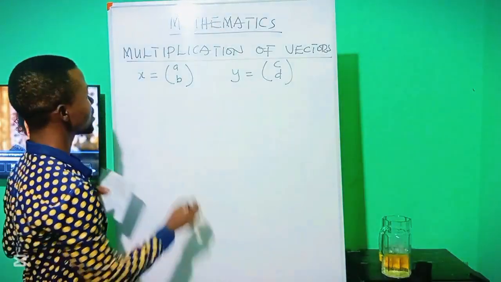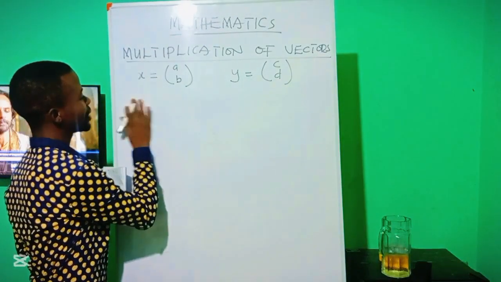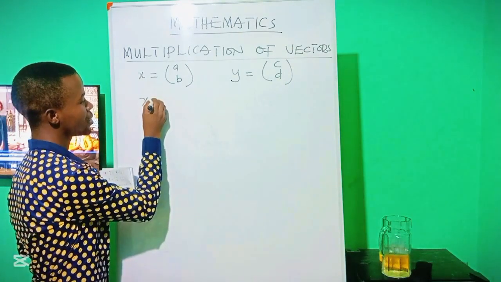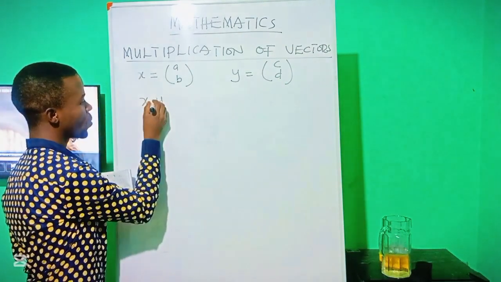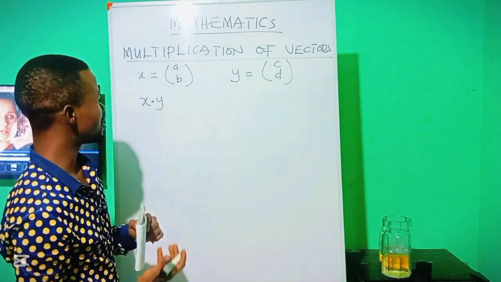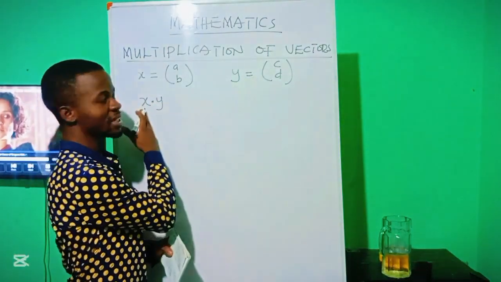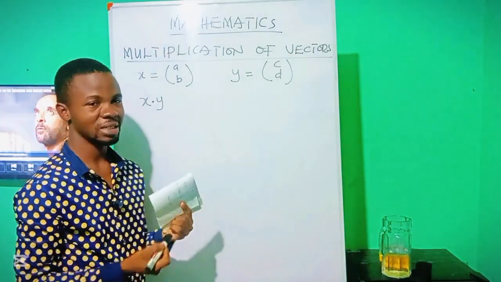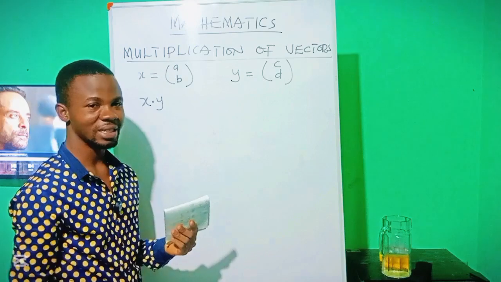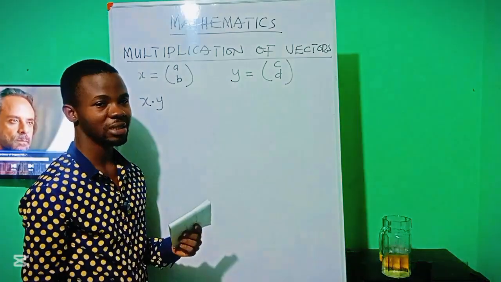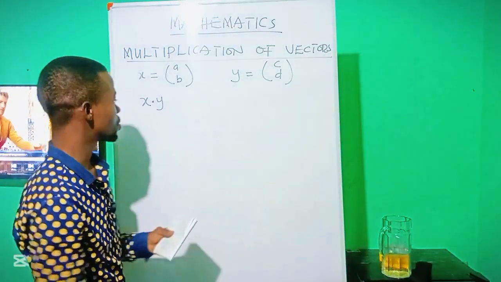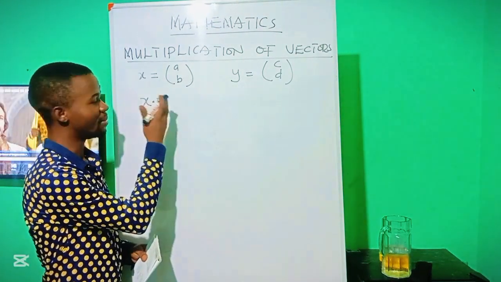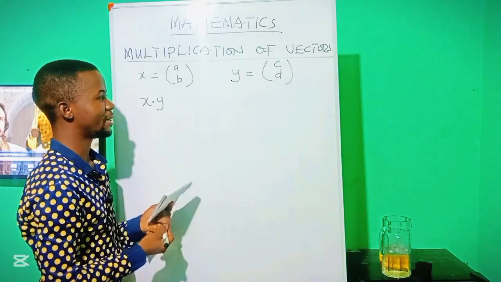We can be asked to find the product of x and y. So x dot y. When you see the dot, it means that we are multiplying x by y. Another name for multiplication of vectors is the dot product.